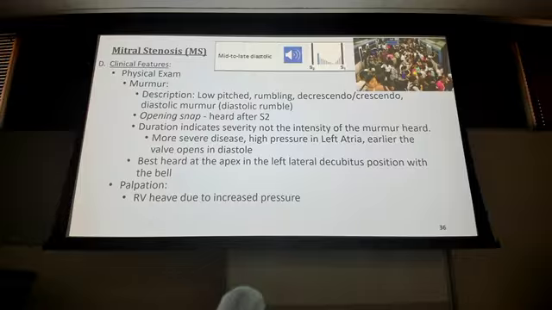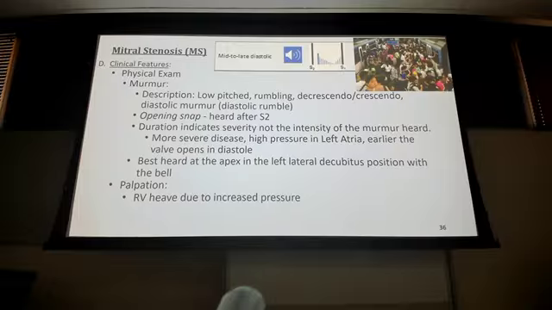There's a lot of turbulence that develops as they're trying to get into that opening. Now, as time goes on, that turbulent flow starts to diminish. So that means that our murmur starts to decrescendo.